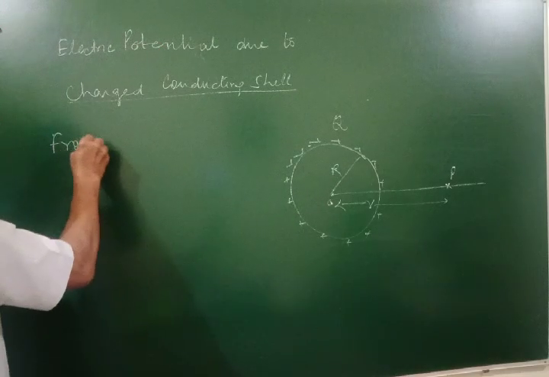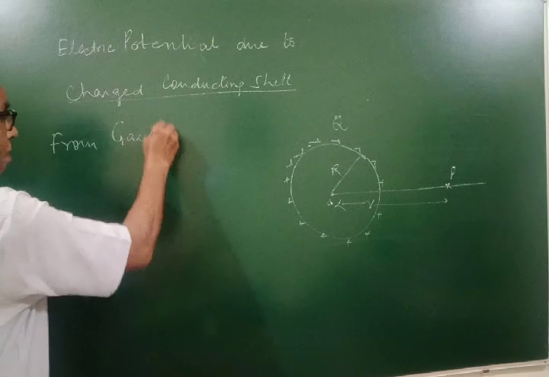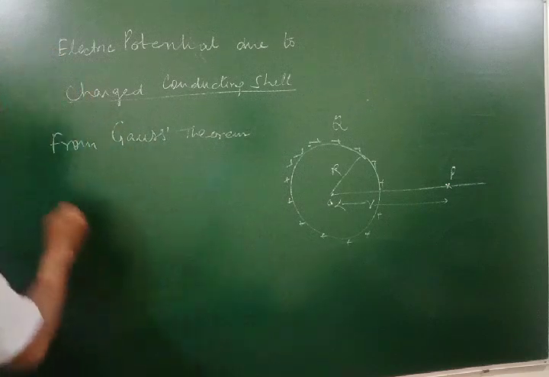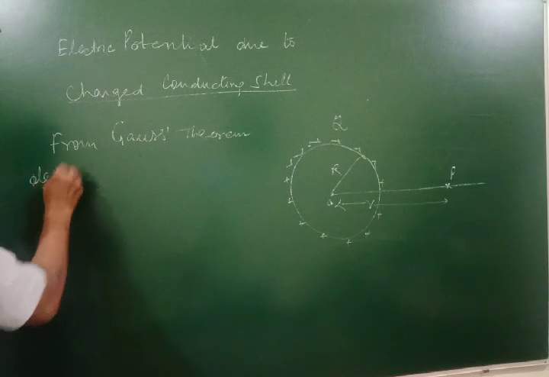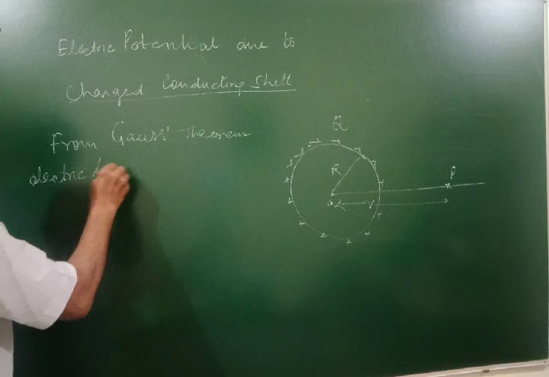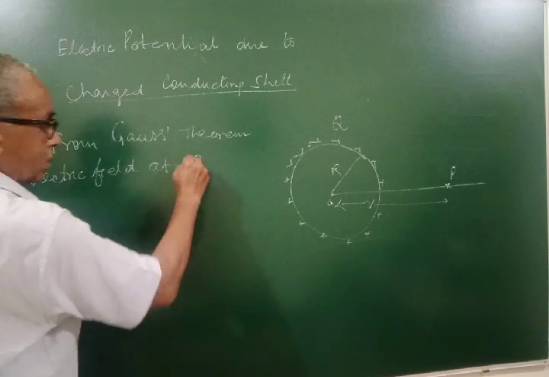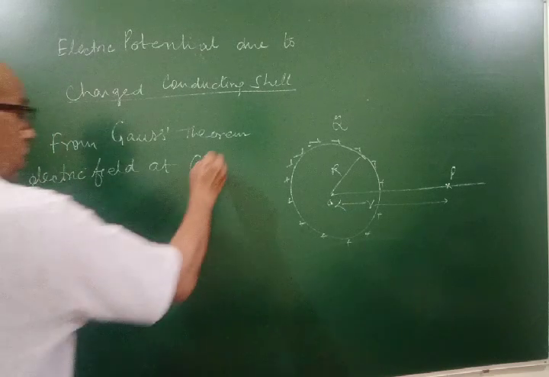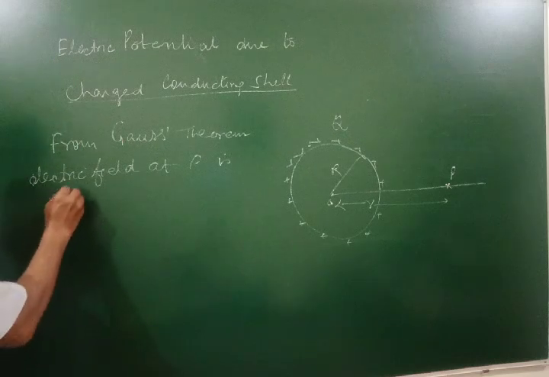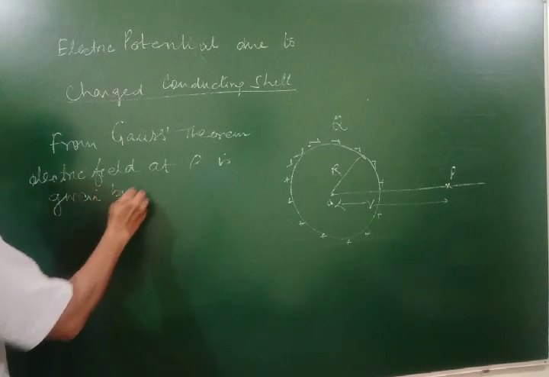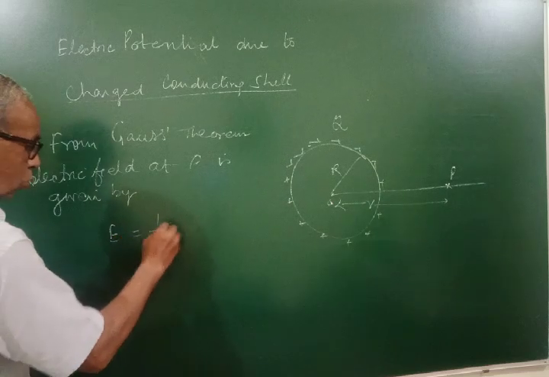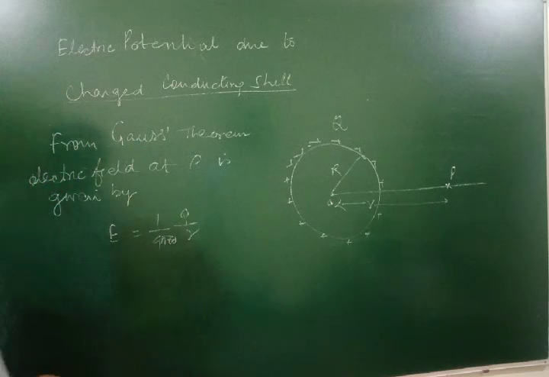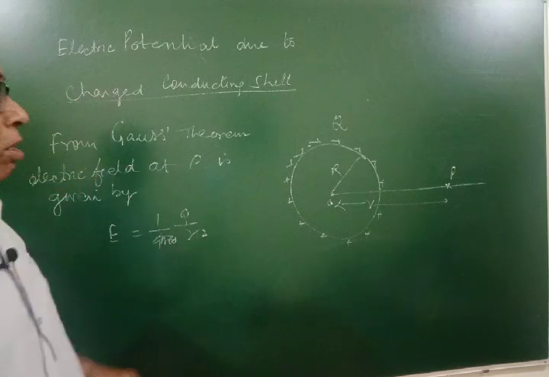From Gauss theorem, the electric field at P is given by E equal to 1 upon 4 pi epsilon 0 Q by r square.